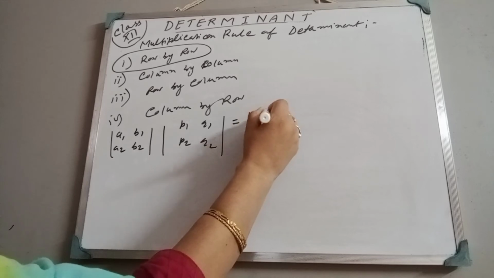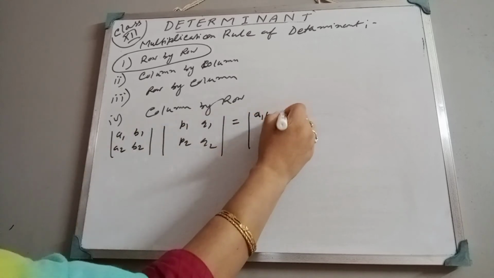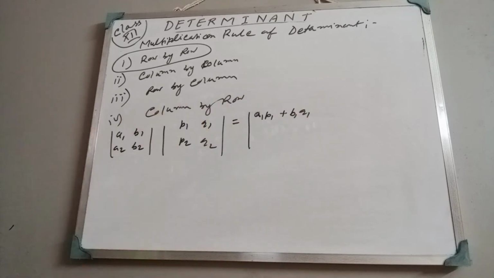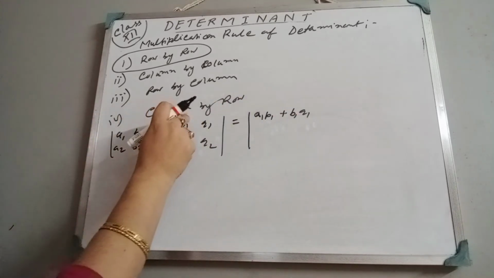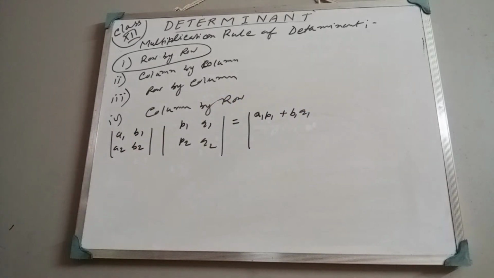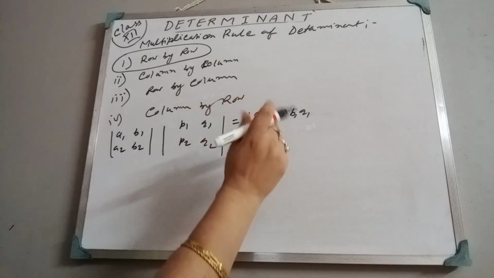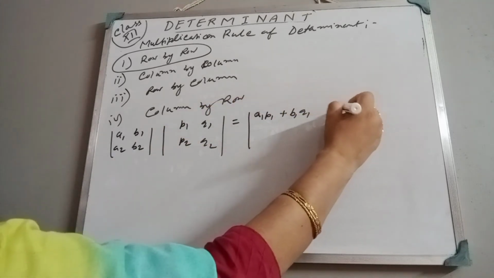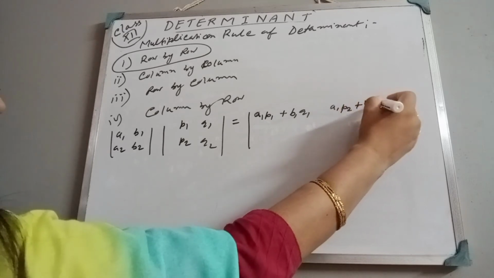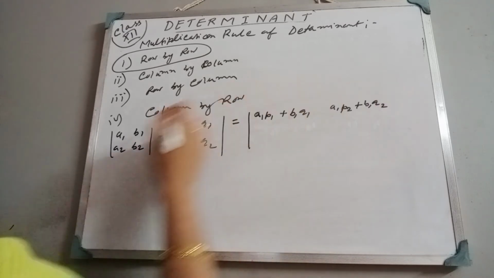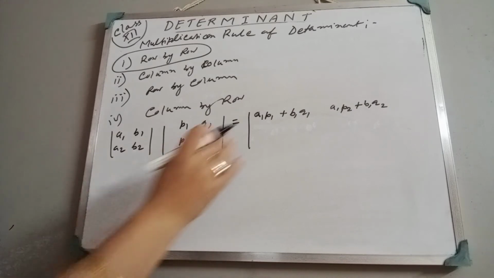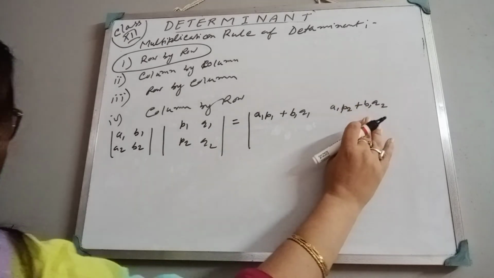A1 P1 plus B1 Q1 for the first element. So first row into first row gives the 1 1 position of the new determinant. Then first row and the second row: A1 P2 plus B1 Q2. That is the second element, the 1 2 position element.